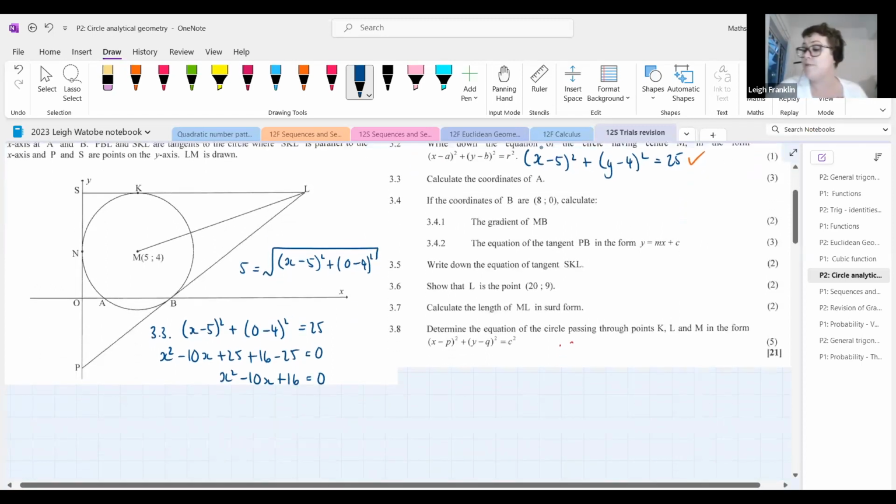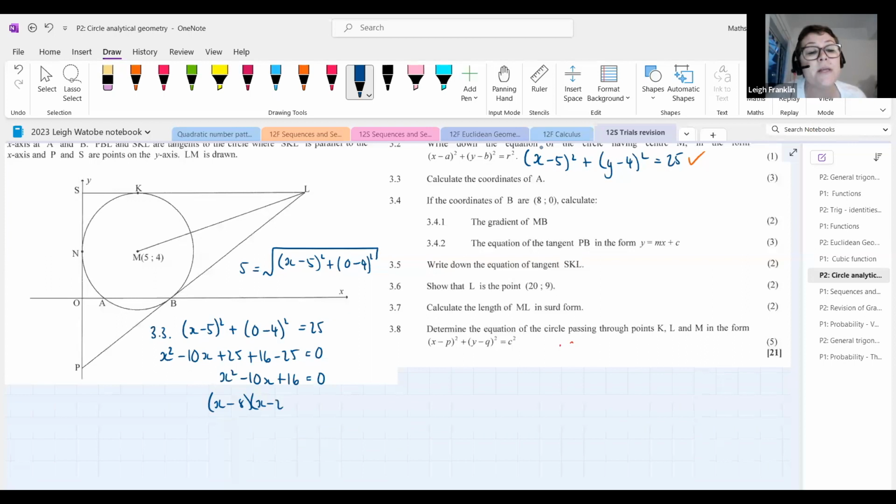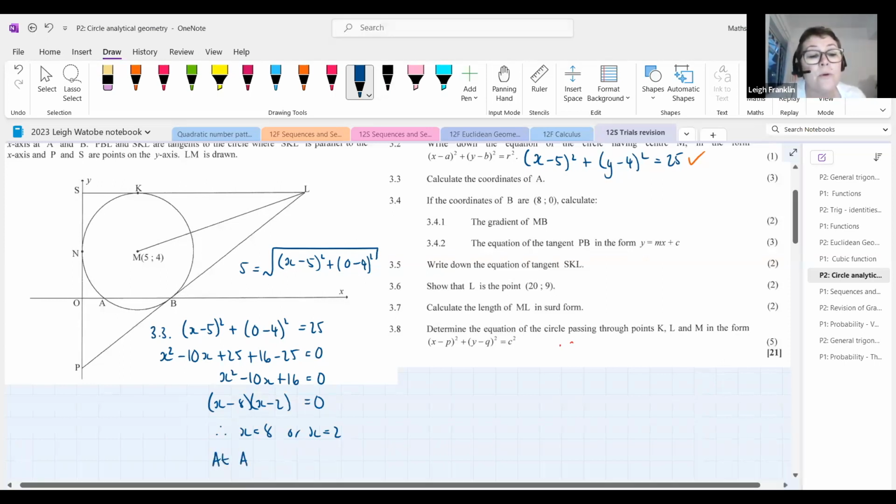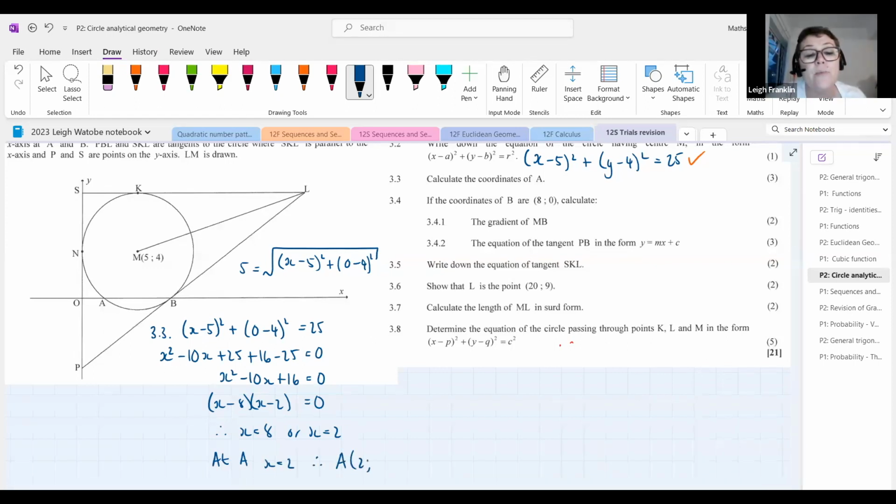When we factorize, we end up with x minus 8 times x minus 2. So x would be equal to 8, or x would be equal to 2. We would choose 2, so at A, x is equal to 2. Therefore the coordinates of A would be 2 and 0.